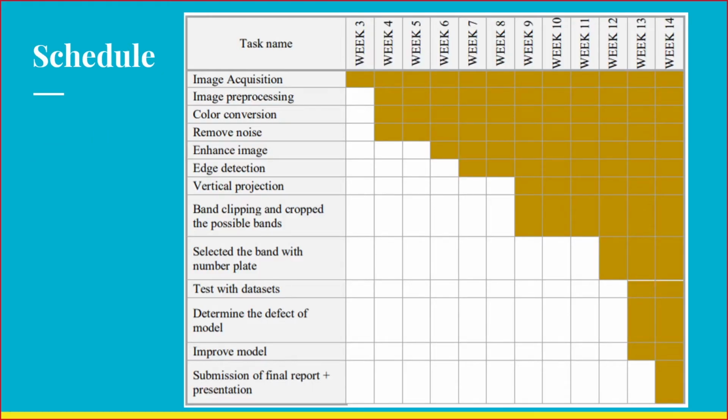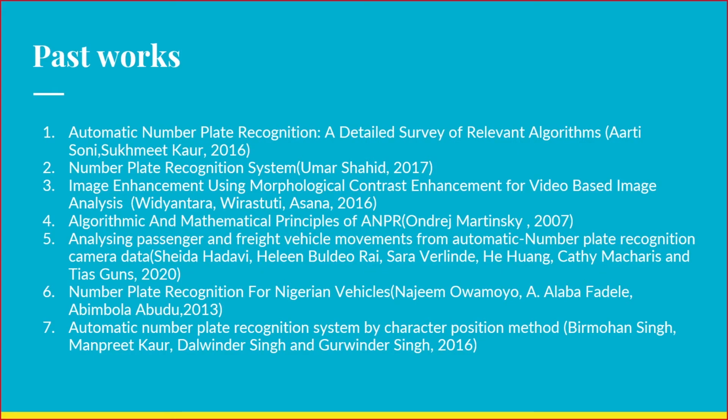Here's our group schedule. And actually we did a lot of research on papers, and here are some important papers we found. The first paper is called Automatic Number Plate Recognition: A Detailed Survey of Relevant Algorithms.